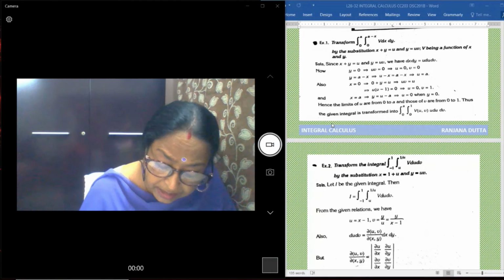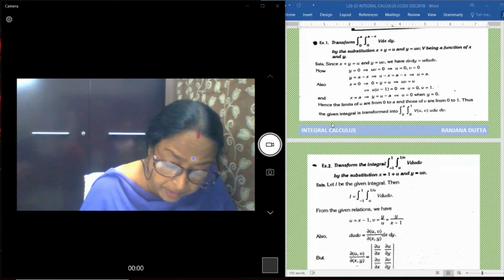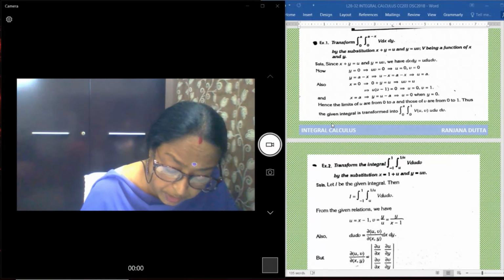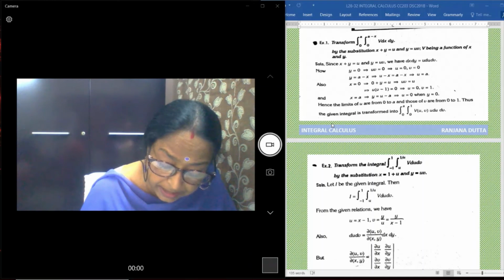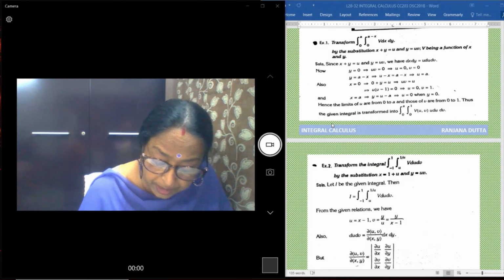So y equal to 0 gives us u equal to 0 or v equal to 0, and y equal to a minus x gives us u is equal to a.